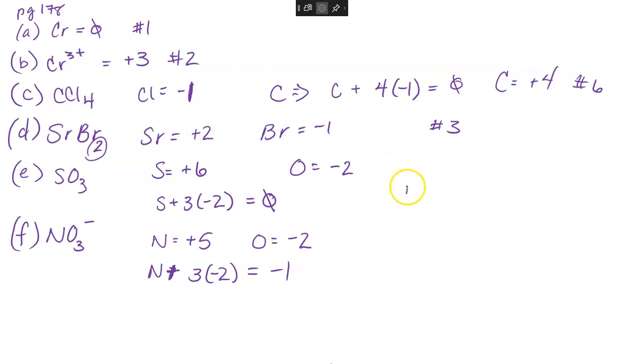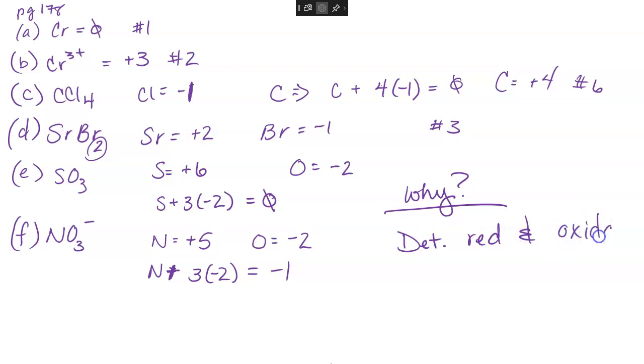Okay, why do we do this? So we can determine reduction and oxidation in a redox reaction.